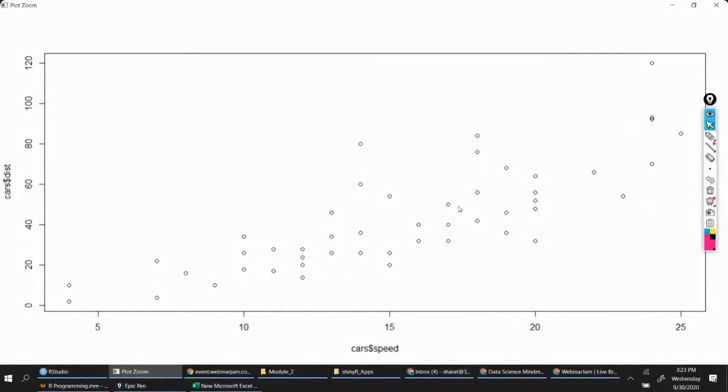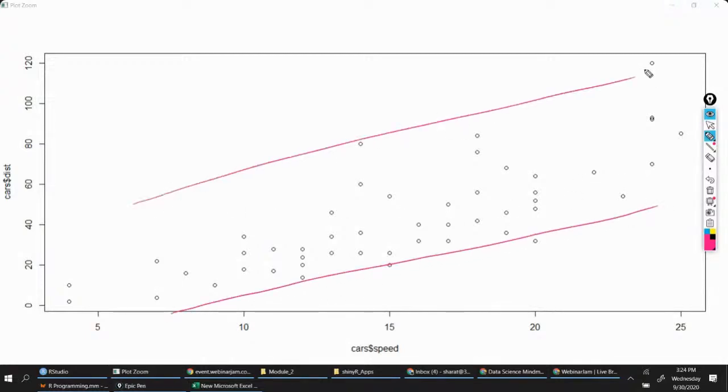Coming back to the question, friends: how do we improvise the result? When can I get a better fit? When the spread of the data is reduced.